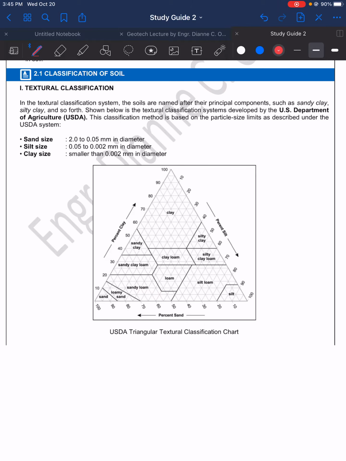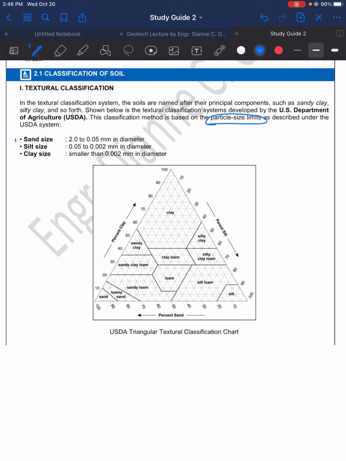Shown below is the textural classification system developed by the USDA, or the US Department of Agriculture. This classification method is based on the particle size limits or the particle size distribution as described under the USDA system. So here are the following sizes for the principal components.